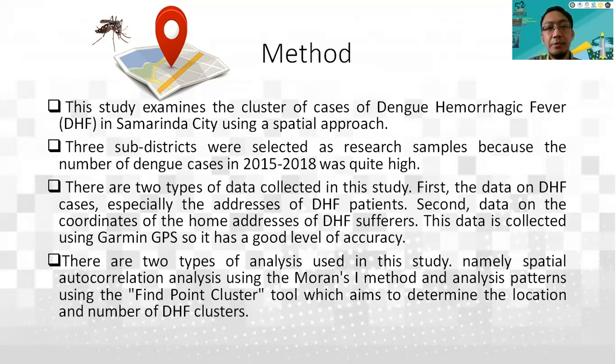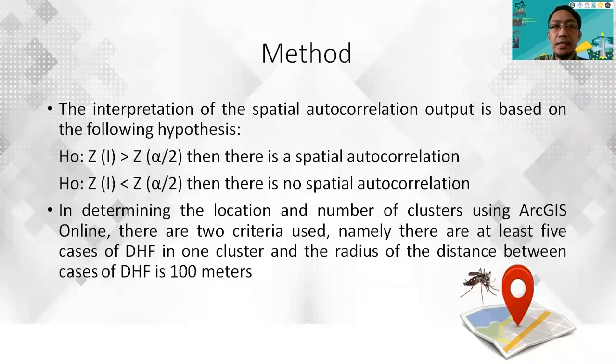There are two types of analysis used in this study, namely spatial autocorrelation analysis using the Moran's I method and pattern analysis using the fine point cluster tools, which aims to determine the location and the number of DHF cases. Next, the interpretation of the spatial autocorrelation output is based on the following hypothesis.